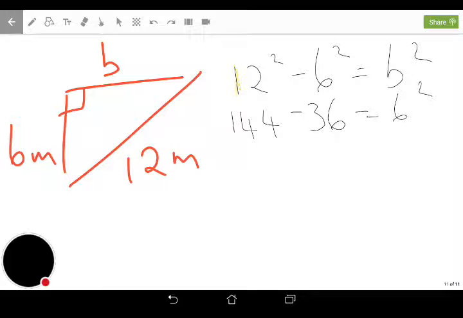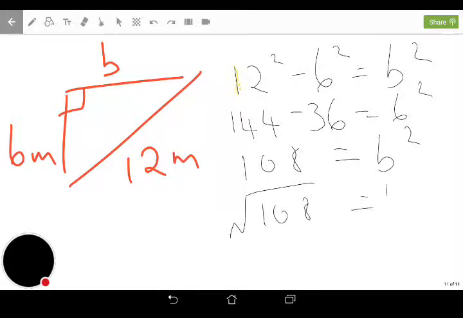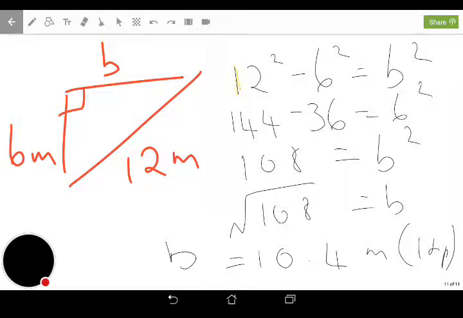Now 144 take away 36 leaves us with 108, which is b squared, and to get b on its own we are going to get the square root of 108, and the square root of 108 is 10.4 metres, and that's to 1 decimal place. Okay, and we have our length B.